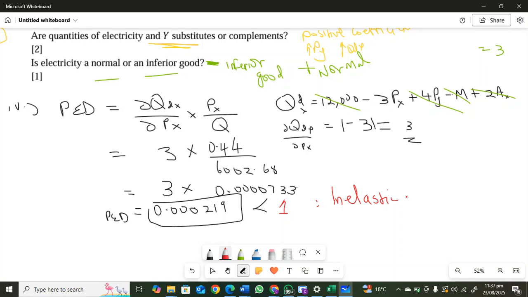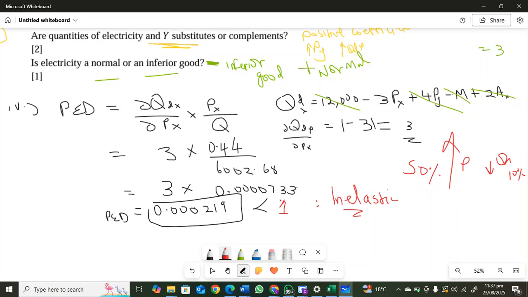It responds less. Price can even increase by, let's say, 50%, and you just see quantity demanded maybe drop by 10%. It's not very sensitive to price changes.